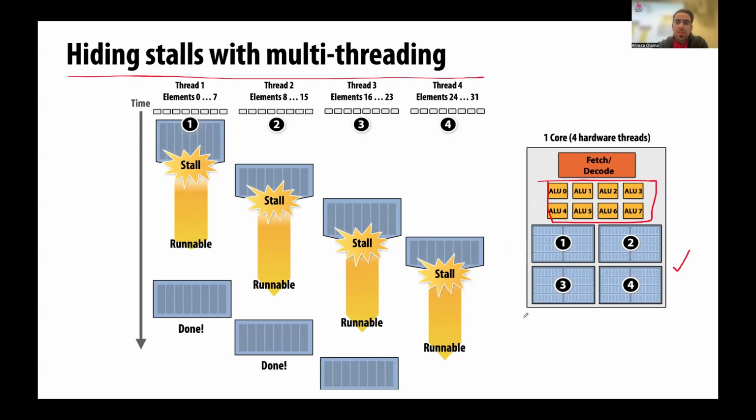So for this core in particular, it can accommodate four instruction streams, but at each point in time, it can only execute from one of those instruction streams. So if you have four execution context, it doesn't mean that you can execute four instruction streams at the same time, but you can execute four instruction streams concurrently by switching between one to another.